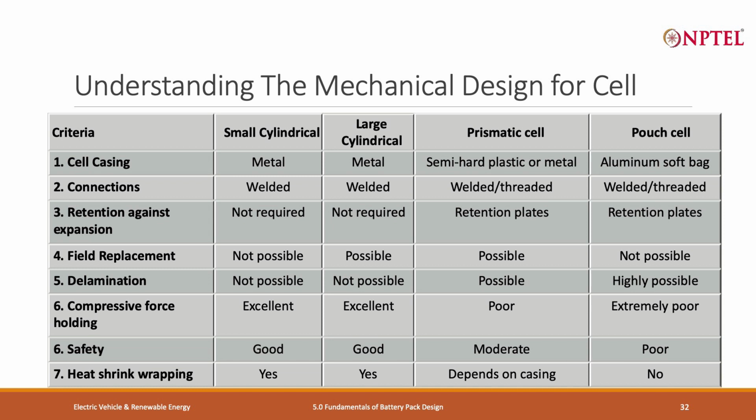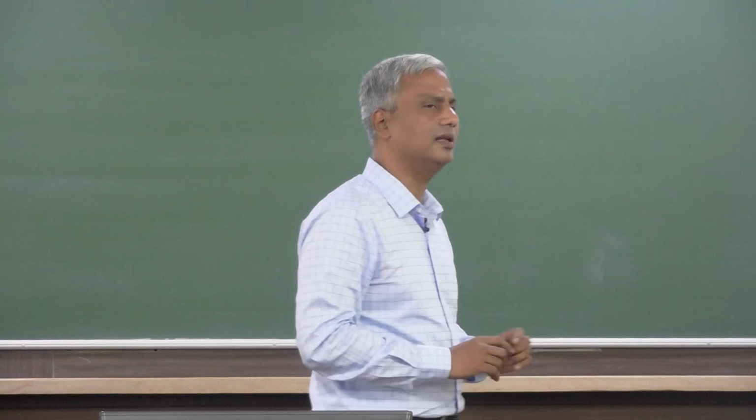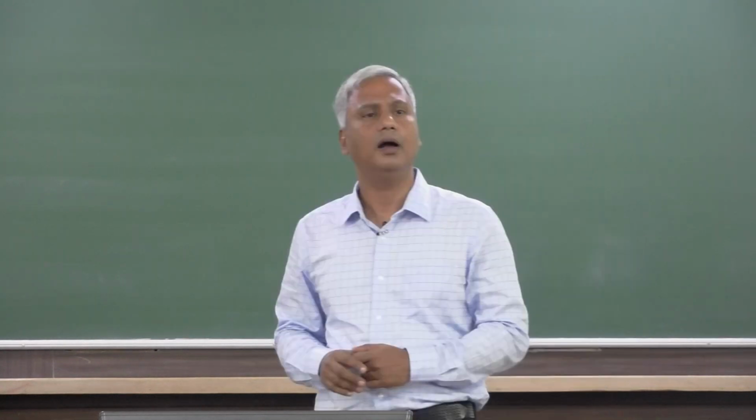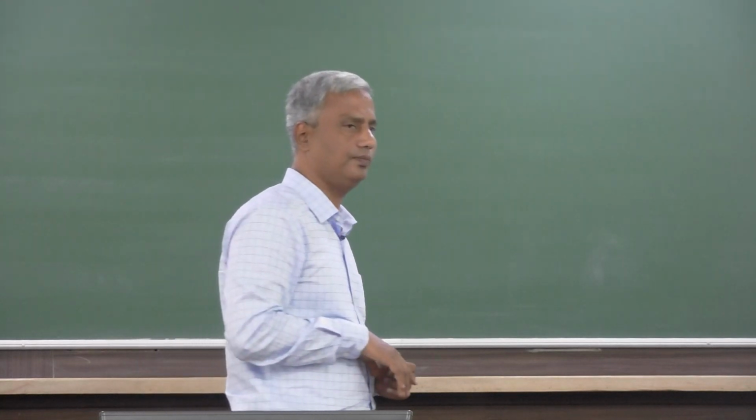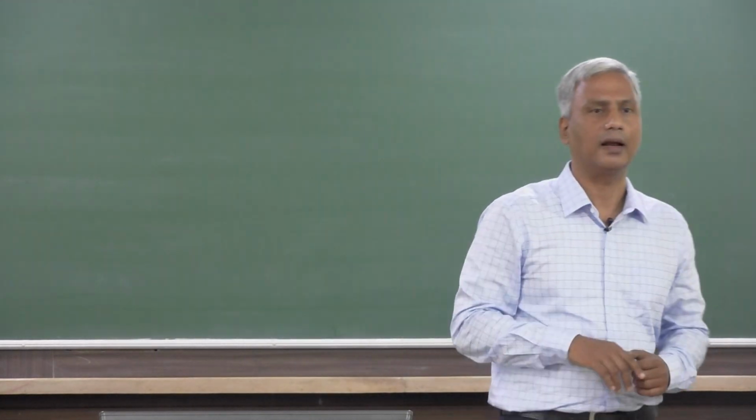Field replacement, if you design it keeping in mind that we may have to replace in the field, is also possible. But generally in small cylindrical cells, when you go for a high capacity pack, you have multiple numbers of cells in parallel.